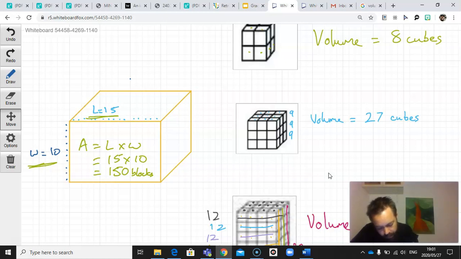I'm counting, and it goes 1. Oh, I've got to take my ruler off again. 1, 2, 3, 4, 5. Right, so it's 5 in depth. Okay.